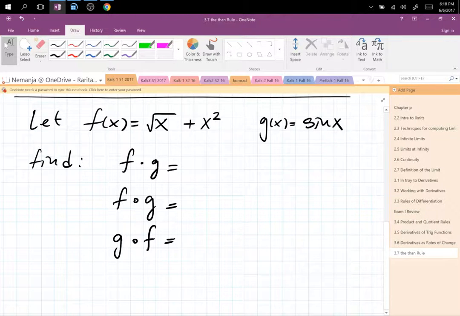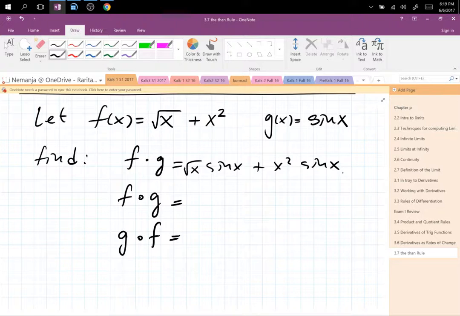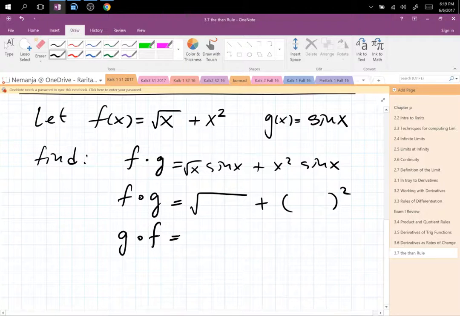All right, so for the multiplication, all we do is we distribute. So it's root x sine x plus x squared sine x, and we're done. So that's when you multiply. But then we have composition. And if f is in charge, then the problem must look like square root of something plus something squared.